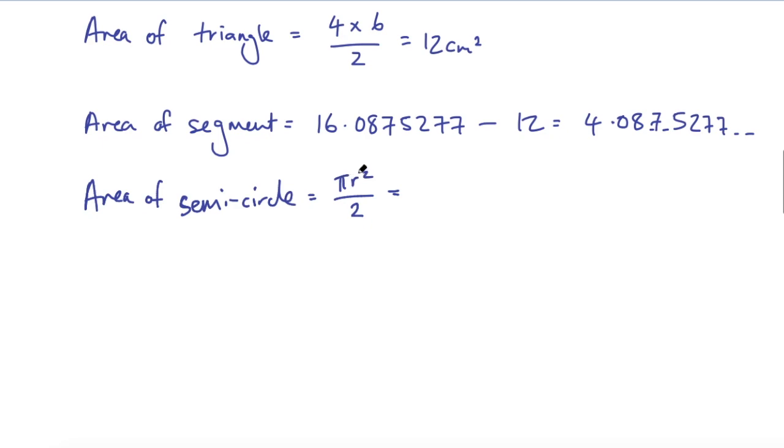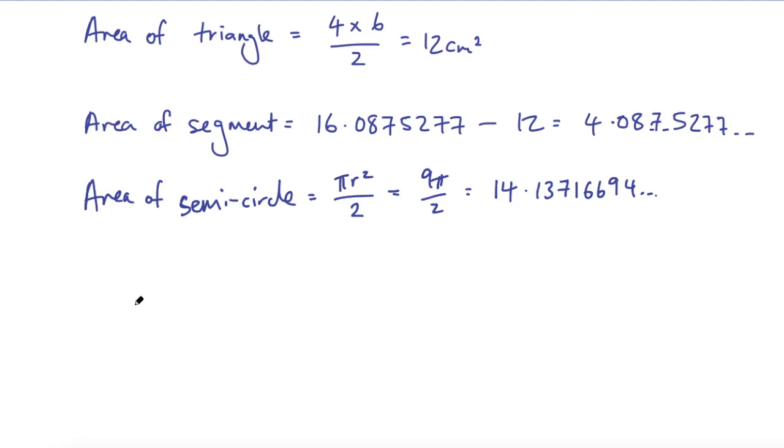So this is going to be 3 squared is 9, so 9 pi on 2. Put 9 pi on 2 into your calculator and you get 14.13716694, and that goes on as well.